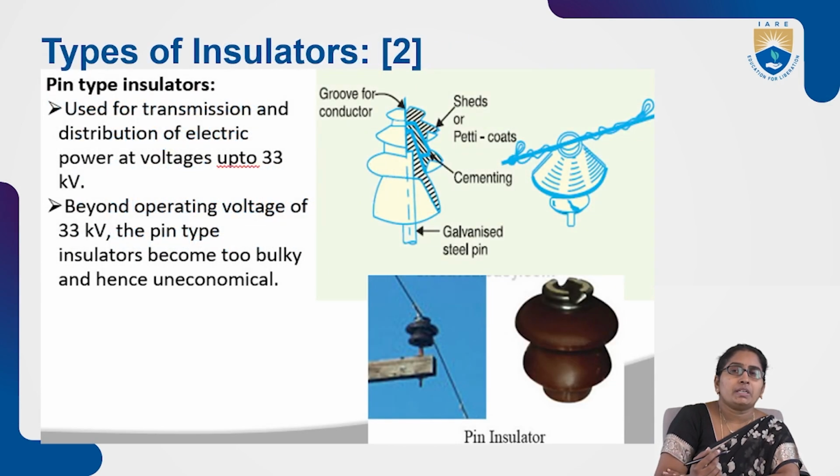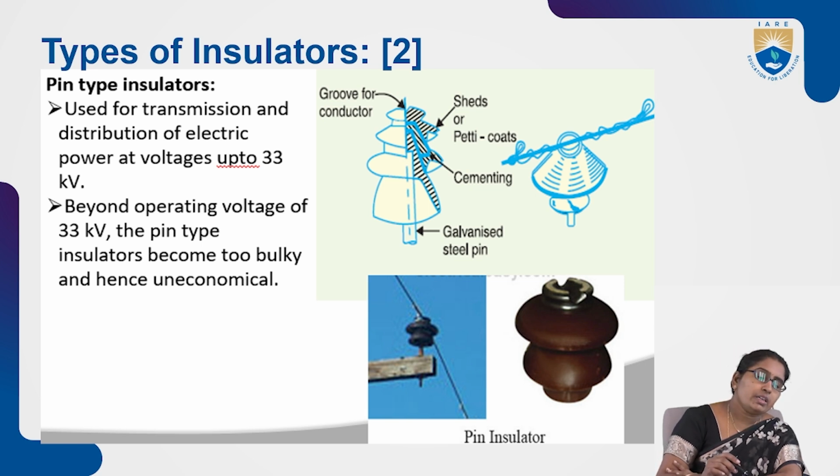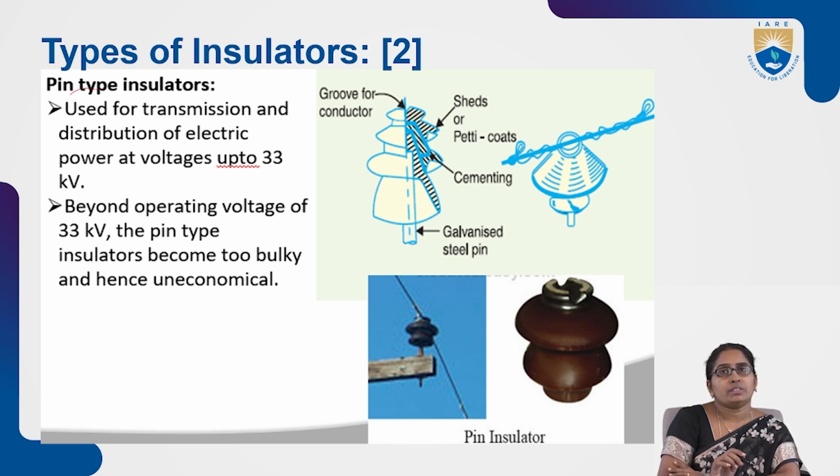What is this pin type insulator? Look at the first point: it is used for transmission and distribution of electrical power at voltages up to 33 kV. This is the main point, up to 33 kV.